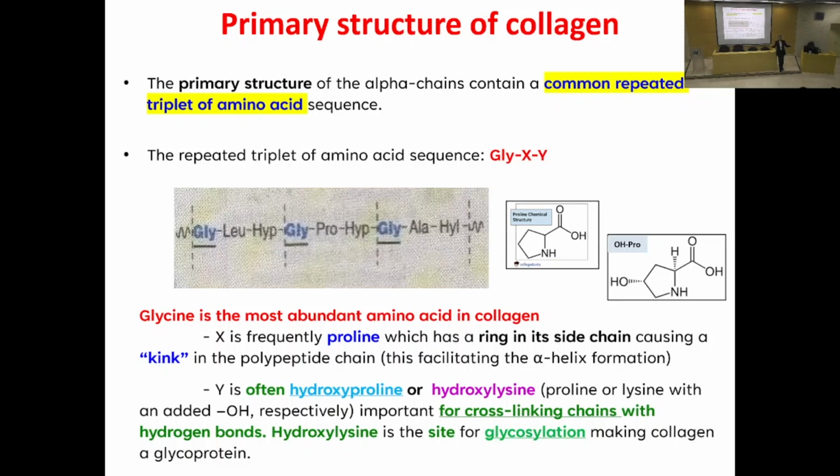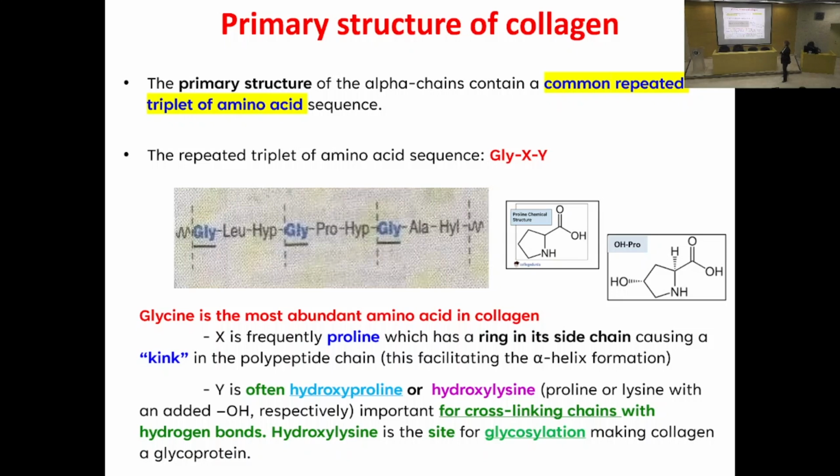So when I go to the collagen, the scientists found that collagen is composed of triplets of three amino acids that are repeated. So what are the amino acids which form this triplet?